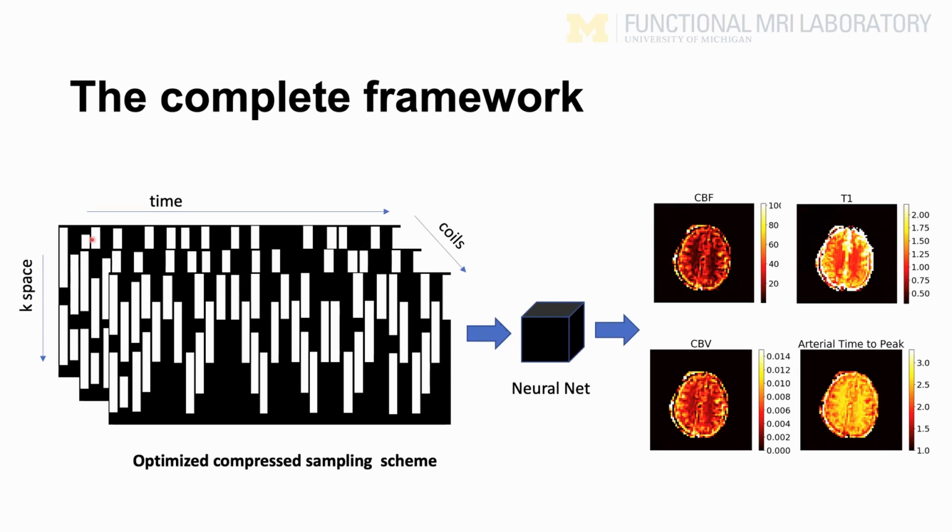But where we want to go is using compressed sensing to undersample k-space in different bits at different times, and then combining this partial k-space information with our multiple coils, and letting a neural network do this combination and doing these interpolations, and hopefully by some black box magic, we'll be able to spit out these perfusion maps, T1 maps, CBV maps, and so on and so forth. And that's where we're going to go.